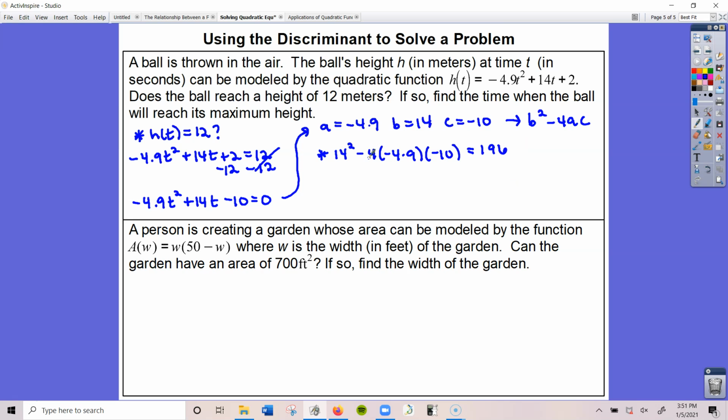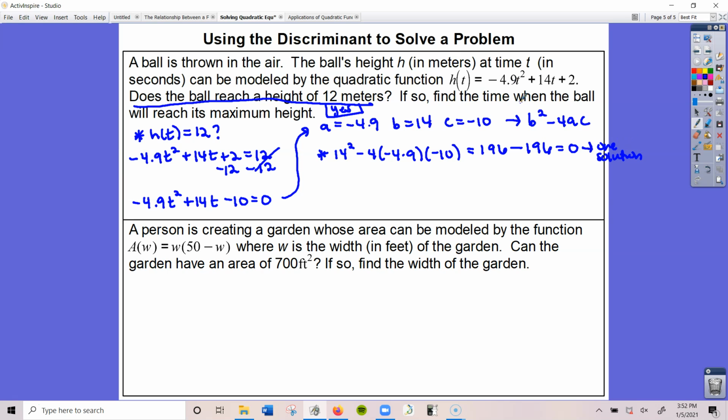Then we have -4 times -4.9 times -10. When you multiply this all together, you would get -196. Now, 196 minus 196 is 0. Since my discriminant is equal to 0, that means that I will have one solution. So the answer to this question, does the ball reach a height of 12 meters? Yes, because the discriminant tells me that there is one solution.